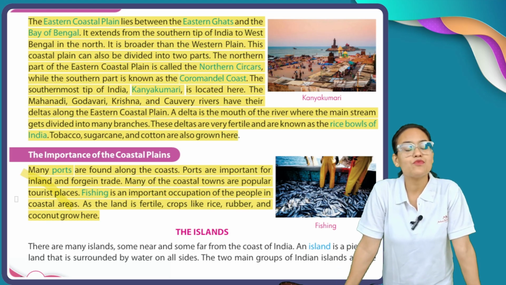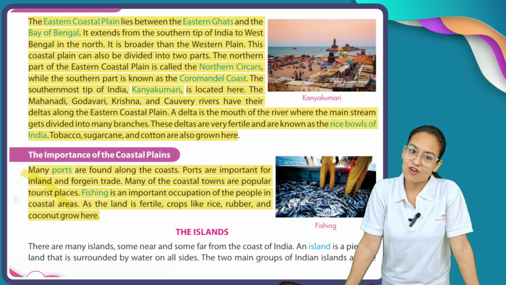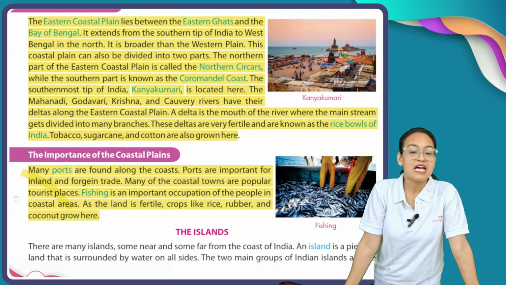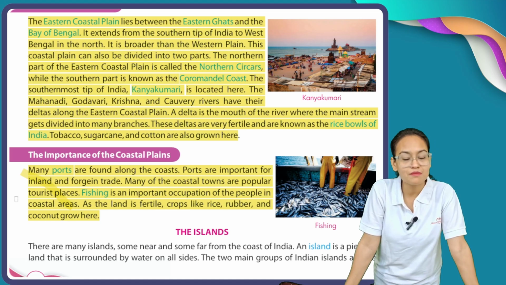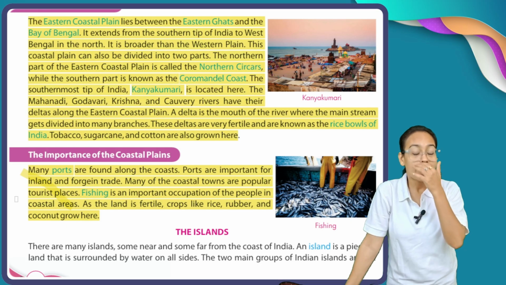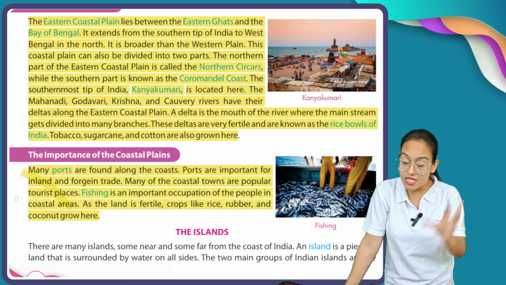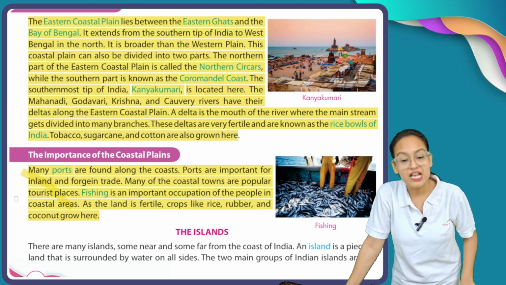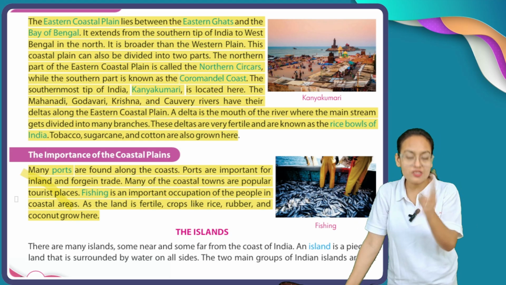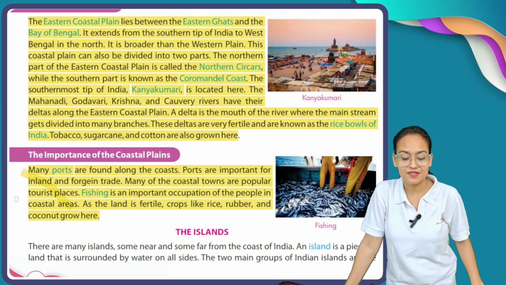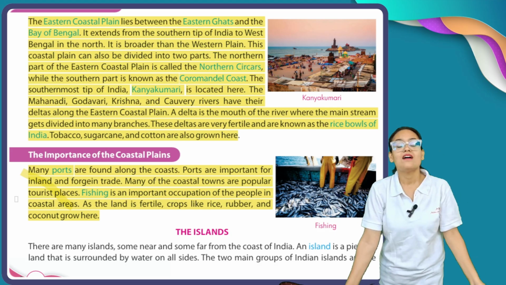As you can see, our coastal plains are important because the majority of ports are present here, like Vishakhapatnam, Srirangapatnam, and the Gujarat coastal areas. These ports play a very important role in international trade, because through these ports each and every country does its trade.